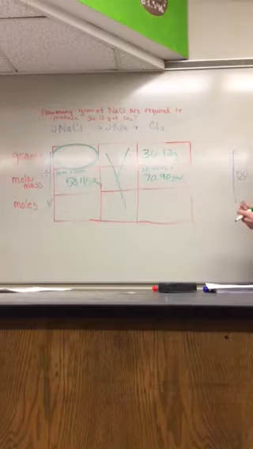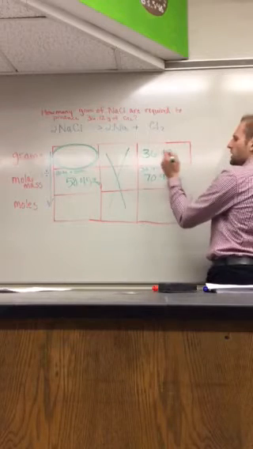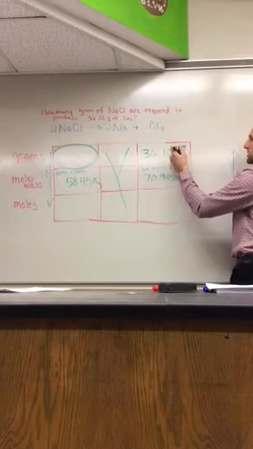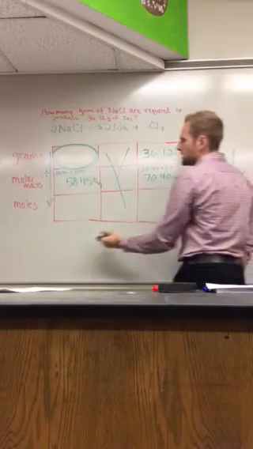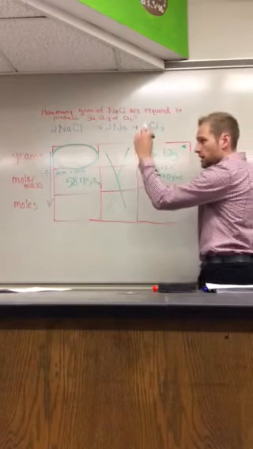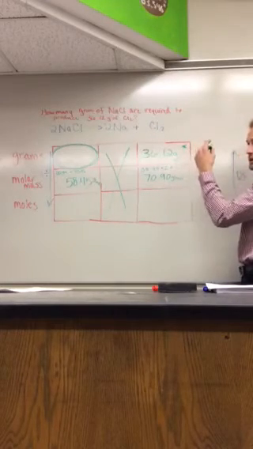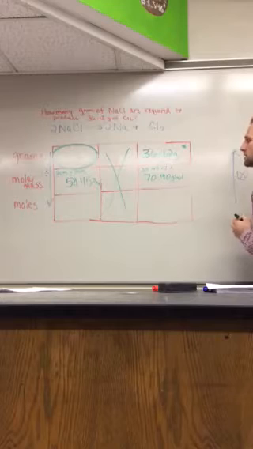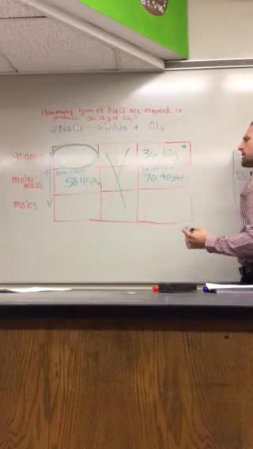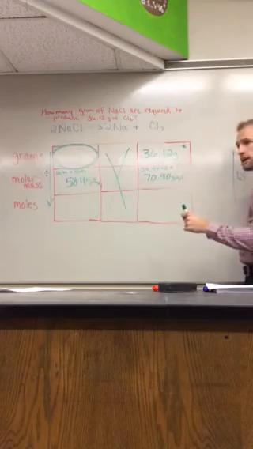What I want to do first is start where my information started, right here. We're going to go down these boxes and then back up to get to our final answer. You've got to go down and back up, or sometimes up and back down. Either way, just make sure if you're going down, you're dividing.